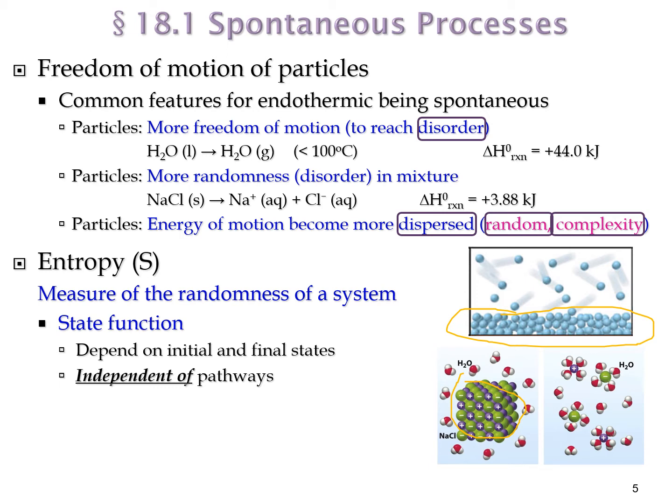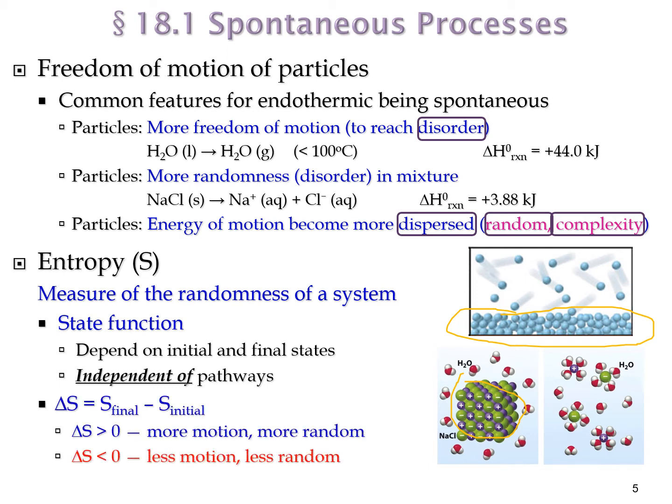Will that make any difference in entropy? Of course not. Because all we need are these 2 states. It has nothing to do with whether we make the water into ice, then ice back into water. So from this understanding, entropy must be a state function.